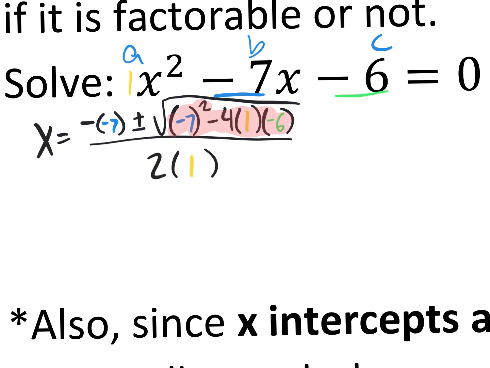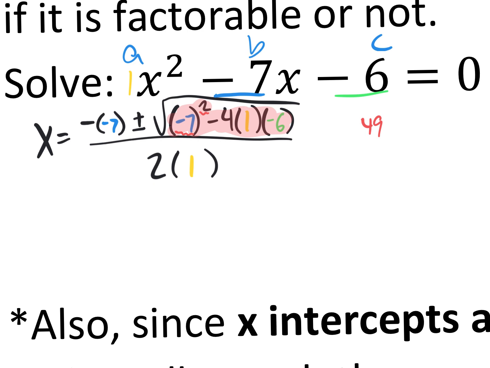So when you're looking at the inside of the square root, what I highlighted in red right there, you start with the exponent, negative 7 squared. Negative 7 times itself is a positive 49. And then you move on to the rest.